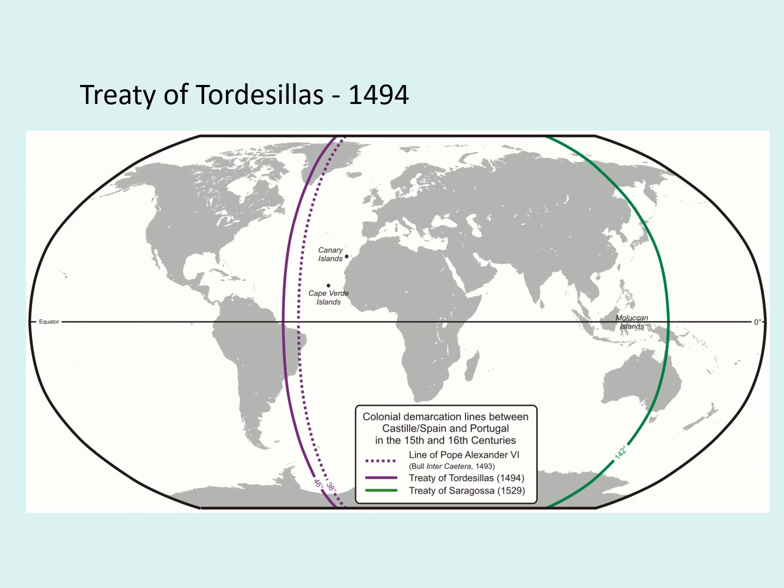It's only going to be Portugal and Spain, he says. In 1494, the two nations signed a treaty that formalized the Pope's decree, the Treaty of Tordesillas. Forgive me if I'm not pronouncing that correctly.